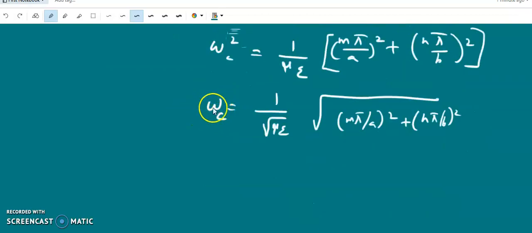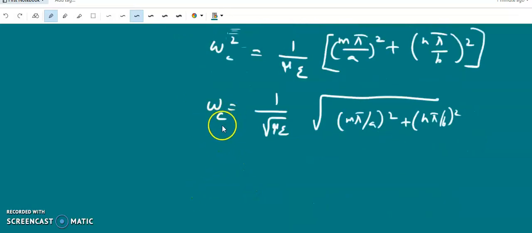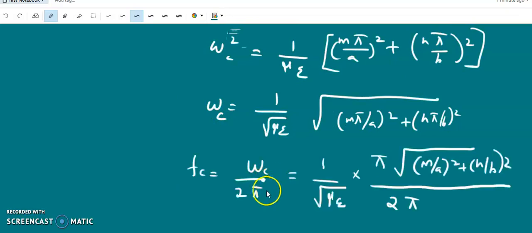Therefore this is the corresponding cutoff angular frequency omega c. The corresponding cutoff frequency is omega c by 2 pi. There is a pi square over here and pi square, so we can take pi square as a common factor. Taking pi square out of the root, we have a pi, and this pi and the pi in the denominator cancel.